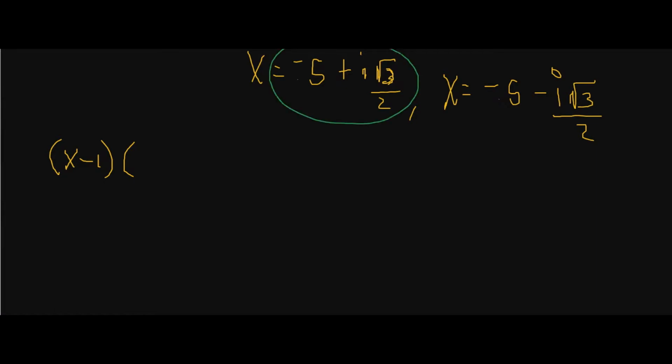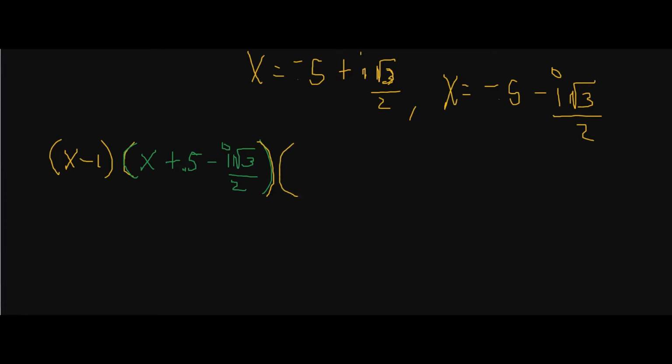If these are my roots, remember when I'm writing it into factored form, it's going to be the opposite, right? So we're going to get x. Well, this is negative 0.5, so this is going to be plus 0.5. And then this is plus i square root of 3 over 2. This is going to be minus i square root of 3 over 2. And now we proceed to do the next one.